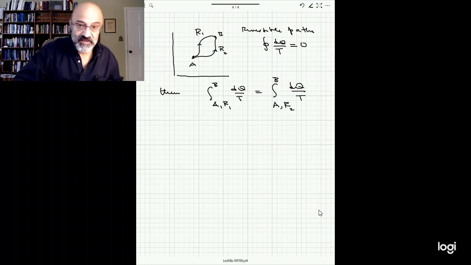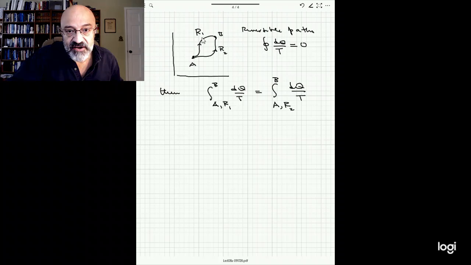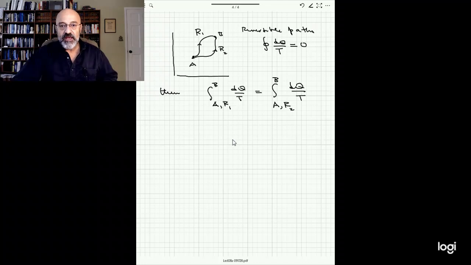Okay, so if you go around it, so you go from A to B and then B to A, that's 0. But that tells you that going from A to B along one path or the other have to be equal. Of course, if you retrace this one, you're going to get minus that one. Very good.